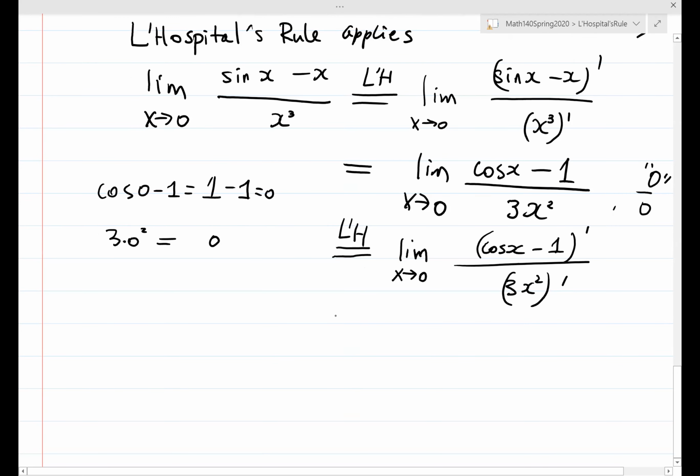Okay, now cosine x derivative. What's the cosine x derivative? Cosine x derivative is negative sine x. One's derivative is 0 by the constant rule. Now 3x squared by the power rule, we get 6x.